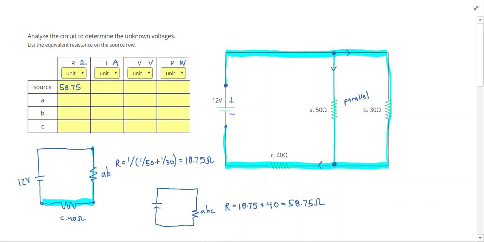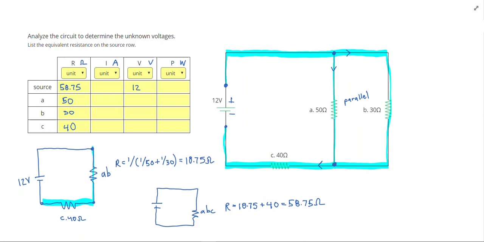Alright, so next step I'm going to go ahead and fill out some givens. I have the resistances of A, B, and C as 50, 30, and 40 respectively. And I know the voltage of my battery is 12 volts. Next thing I know is that once I get two things in any row, then I can figure out the rest of the row.